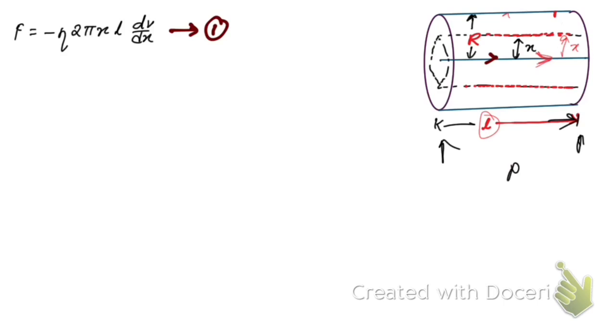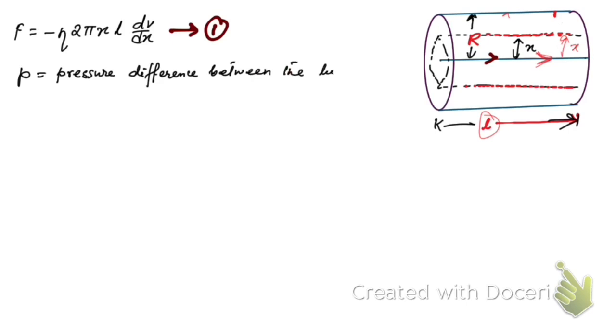Let small p be the pressure difference between the two ends of the tube.